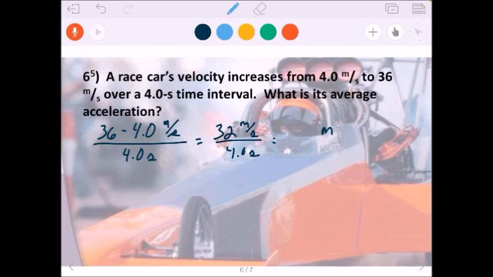That means my unit is going to be meters per second squared. And 32 divided by 4 is 8, and I do have 2 sig figs, so my final answer should be 8.0 meters per second squared.